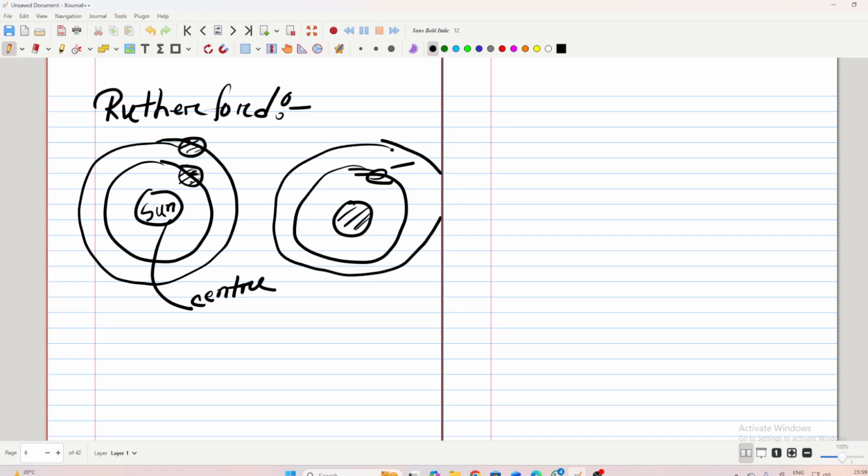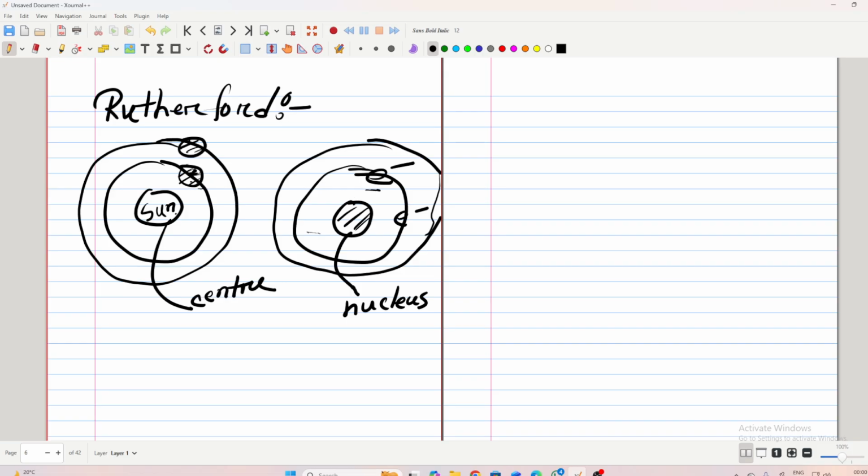What did I say? If we assume this as the nucleus, the electrons are rotating around the nucleus. So we can easily compare the sun to this nucleus, and these planets with these electrons.